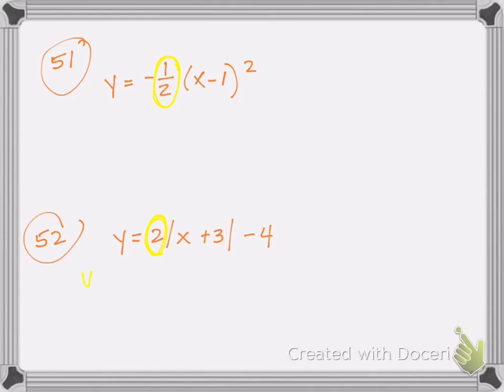So I'm going to say that there is a vertical stretch by 2. So if the number in front is bigger than 1, then it stretches. If it is less than 1, then we call it a shrink.